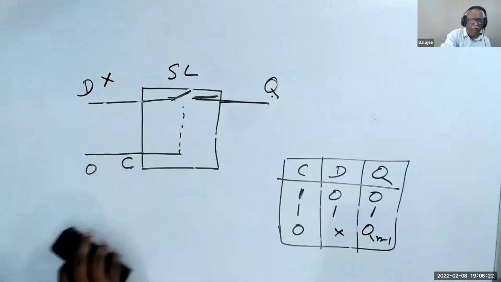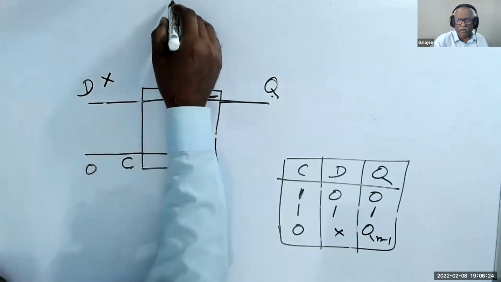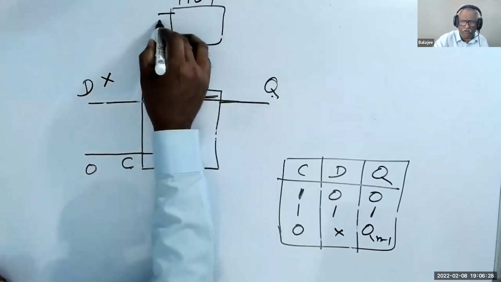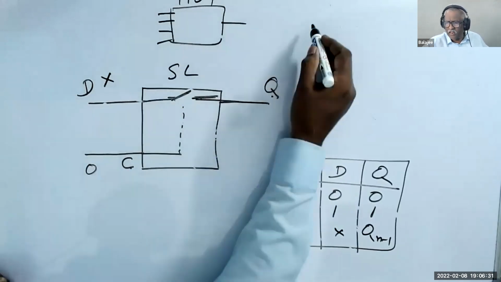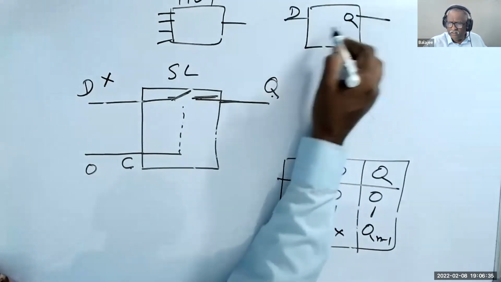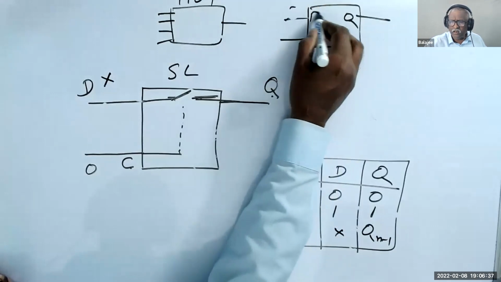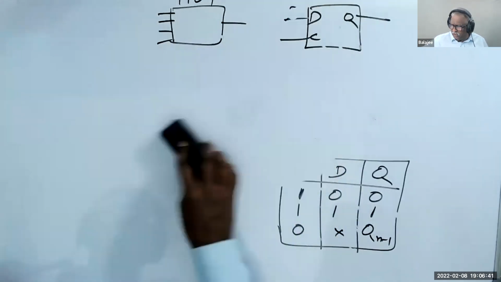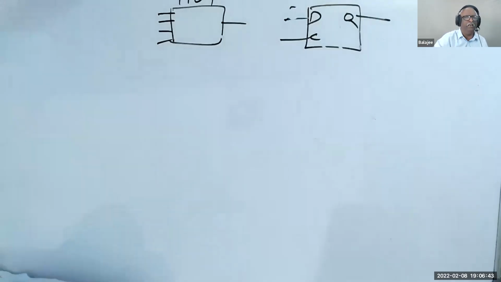You remember only very limited things. Remember the combinational logic: 4 inputs, 1 output. Then remember the sequential logic: D, Q, and C. These two you remember.